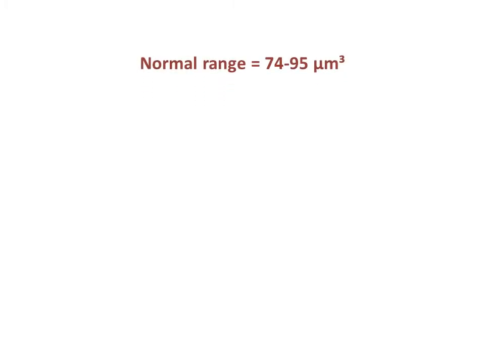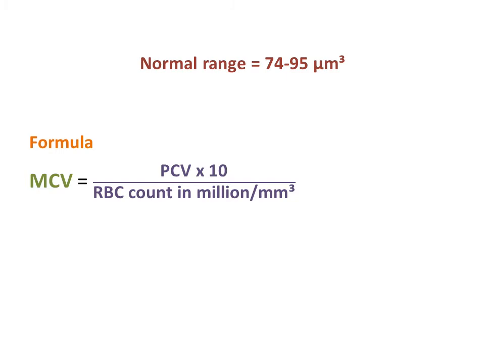The normal range of MCV is 74 to 95 cubic micrometer. The formula of the MCV can be expressed as PCV into 10 divided by RBC count in million per cubic millimeter.